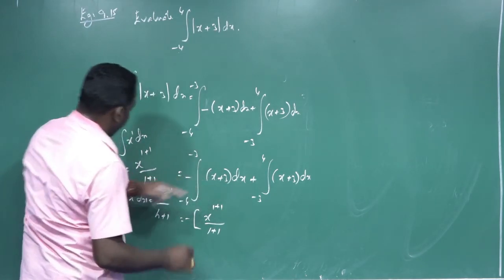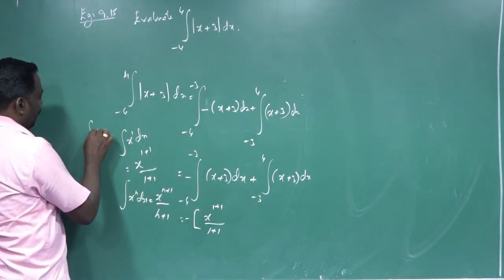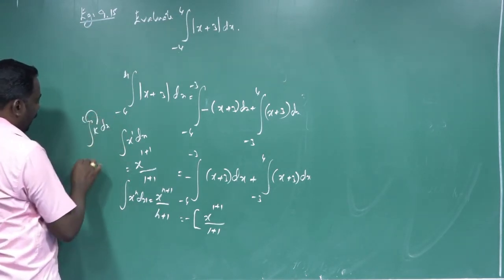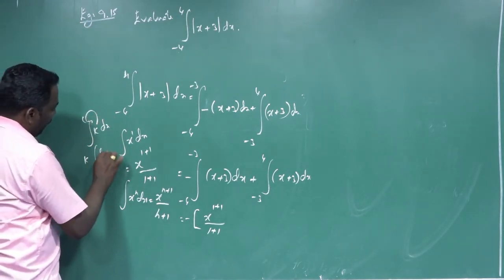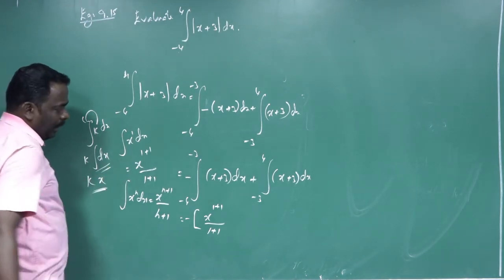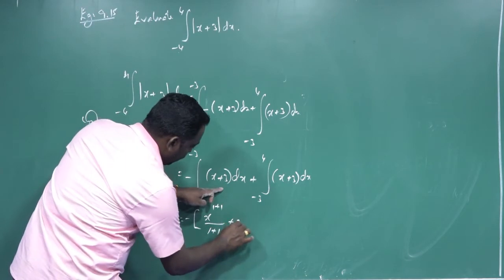Integration of the constant term k dx: we can write k outside, k times the integration of dx, which is x. Therefore, plus 3x.